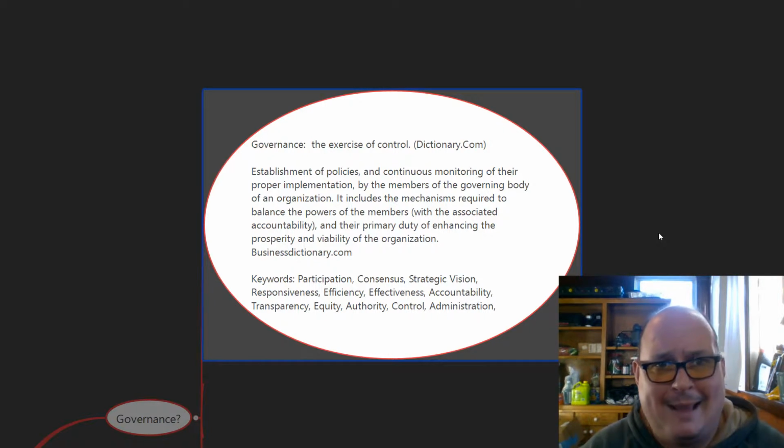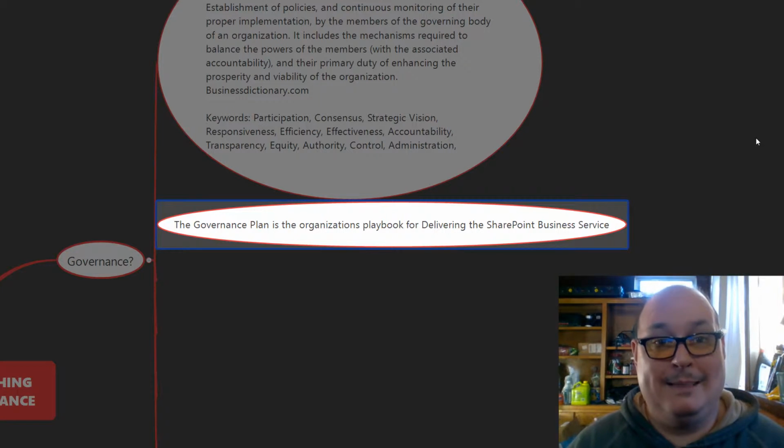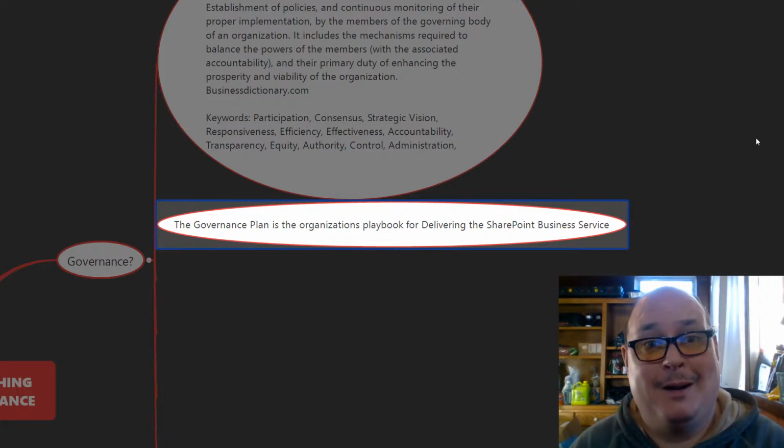SharePoint governance includes all that, but takes it a lot farther. I look at a governance plan as the organization's playbook for delivering SharePoint as a business service to the people, because SharePoint affects everybody in the company in some way or another, and if it doesn't now, it eventually will. And if it's not a mission critical app now, it will become one.